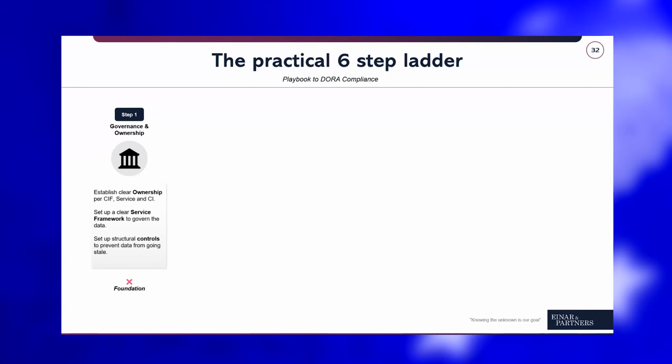And with that, it's important that you also create a clear service framework, something that can help the organization understand the different responsibilities that come with that, and understand how things are connected.